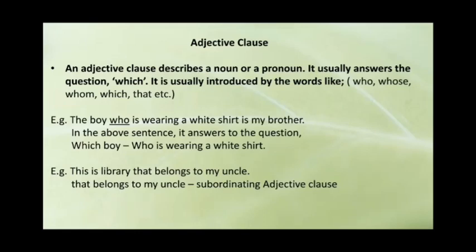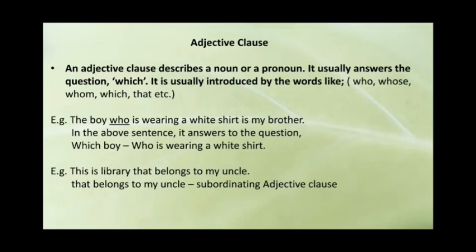For example, the boy who is wearing a white shirt is my brother. So in the above sentence, it answers the question which boy. Okay, so someone is pointing out some description of the shirt, telling that he is his brother. So the boy who is wearing a white shirt is my brother.